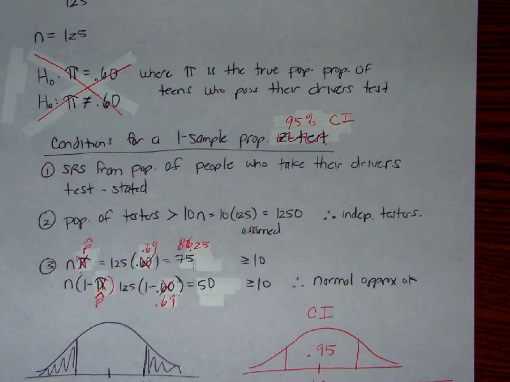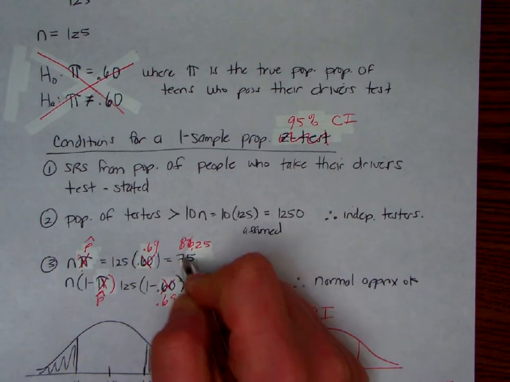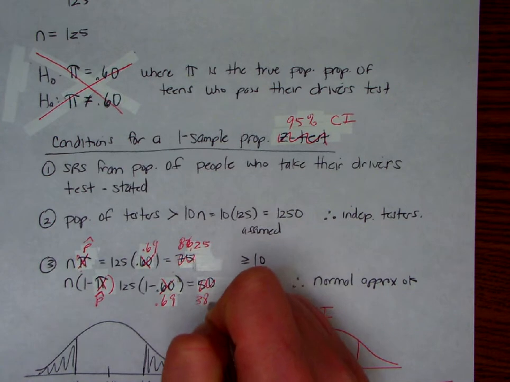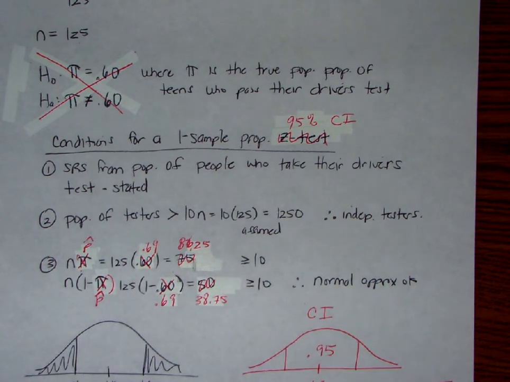And 125 times 1 minus 0.69 becomes 38.75. And both of those are greater than or equal to 10, so a normal approximation is okay.